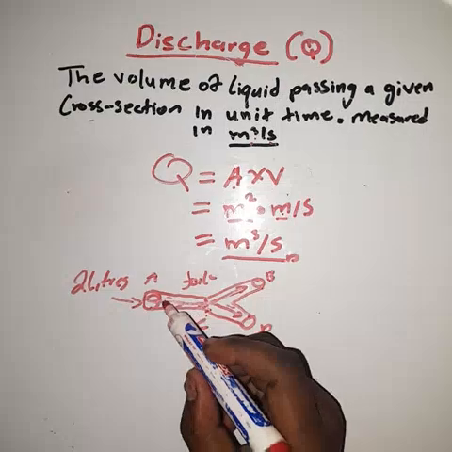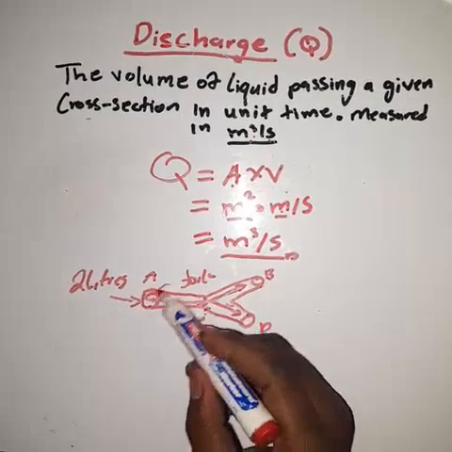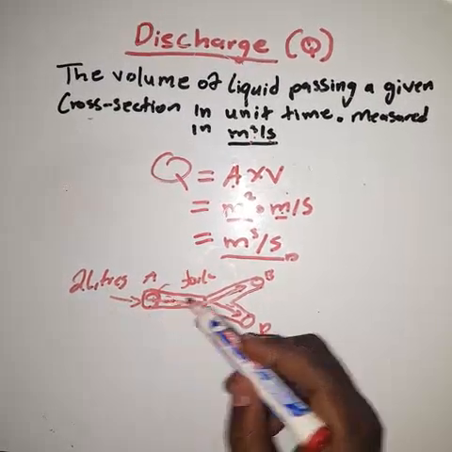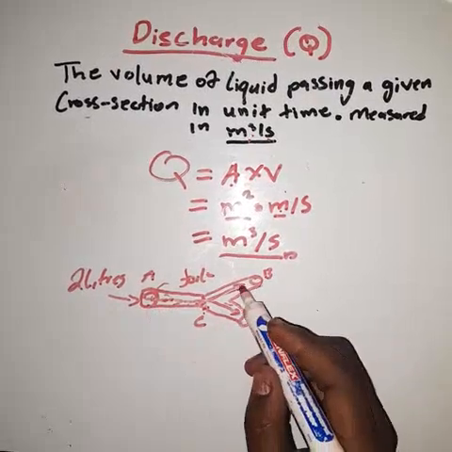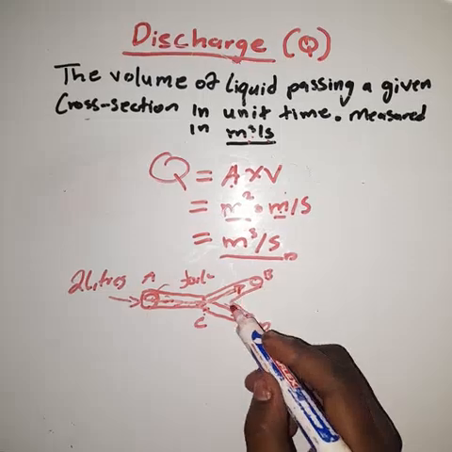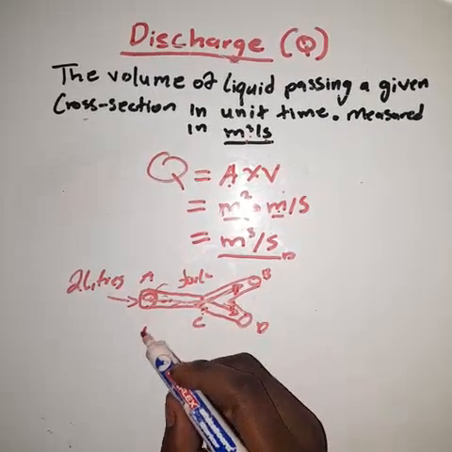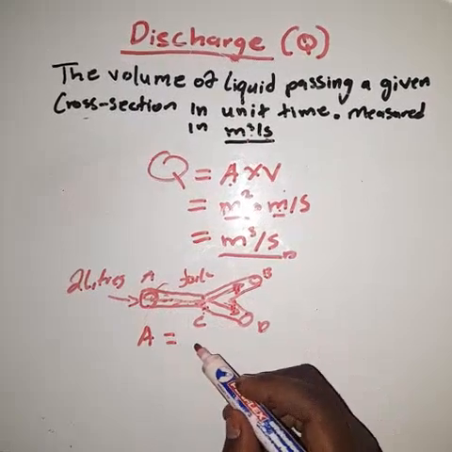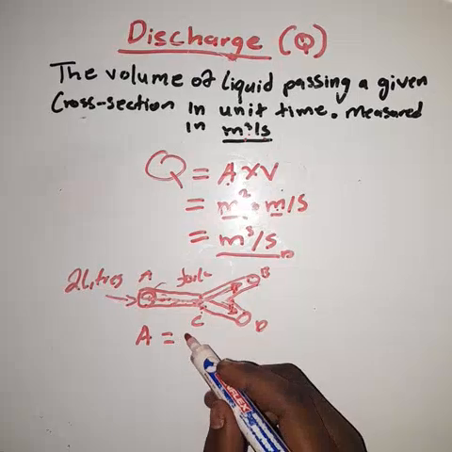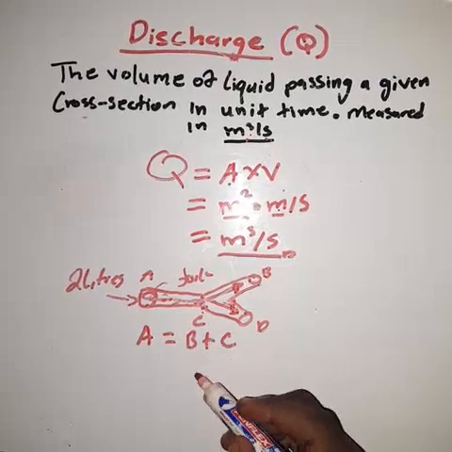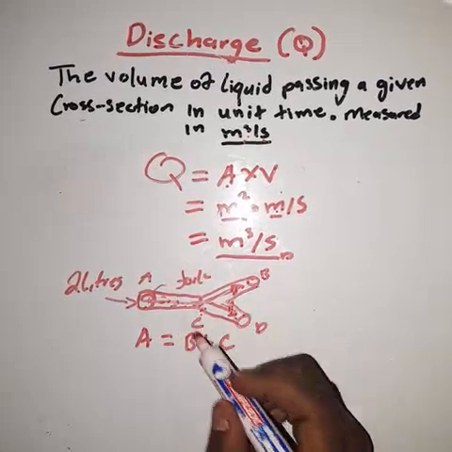That means if I want the total, I can simply say the water at A will be equal to the sum of B plus D. This will be the sum of this water.